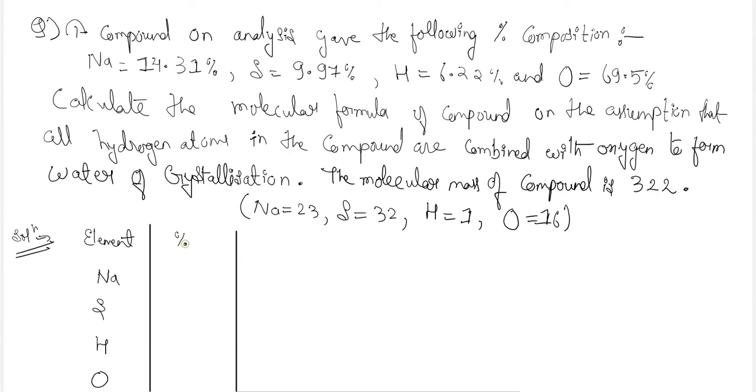So percentage of element is 14.31, 9.97, 6.22, 69.5. Okay. Then atomic mass.